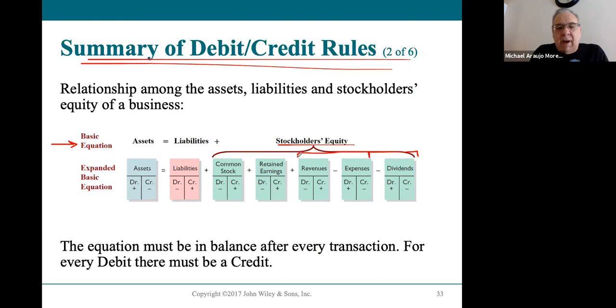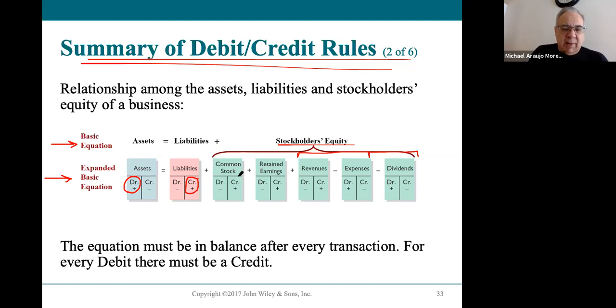And so when you expand it and you look at all of the accounts, asset accounts always increase on the debit side. Every time we have more assets, we're going to show that on the debit side. When we have less assets, whatever it is, cash, supplies, credit side of the account. Liabilities, we show we have more liabilities on the credit side. As we pay those liabilities down and we have less, we show that on the debit side.